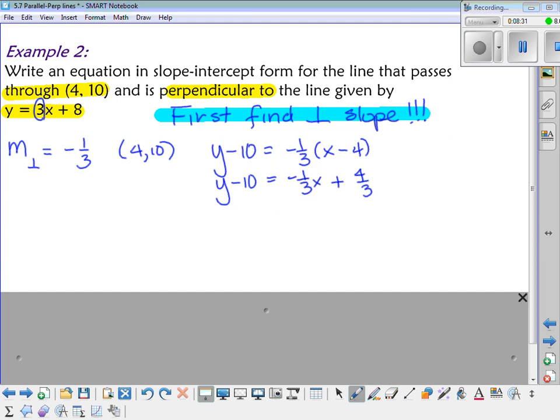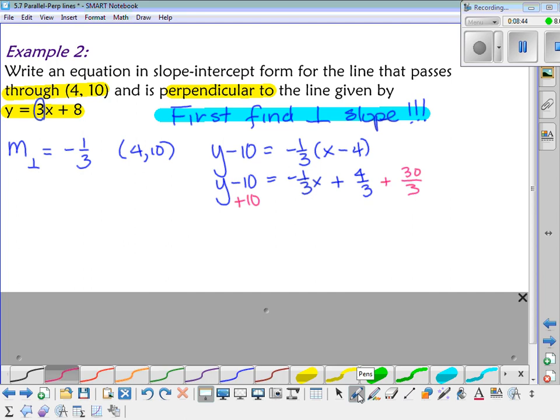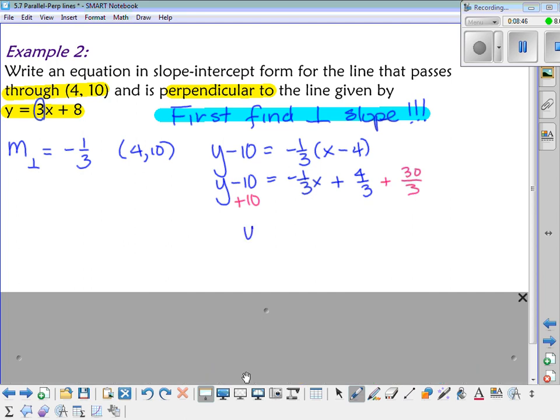All right, then I need to add 10 to both sides. And so if I want to make it over 3, 3 times 10 is 30, right? Okay, and so now I have y is equal to negative 1/3 x plus 34 over 3.